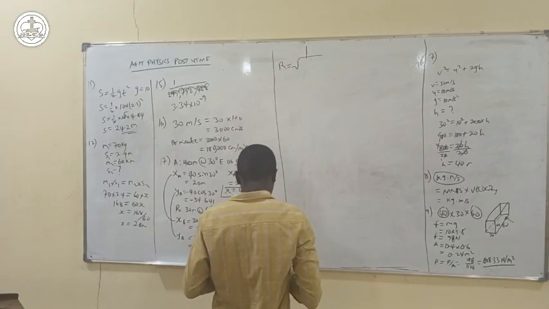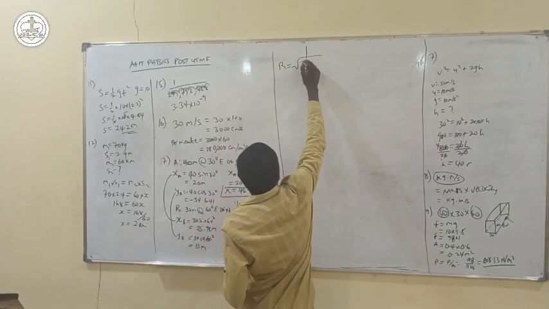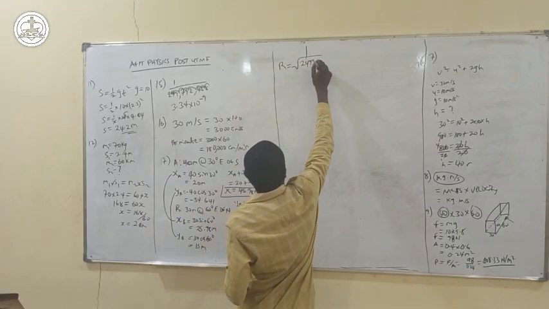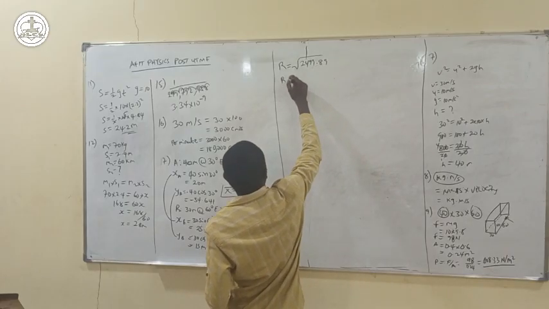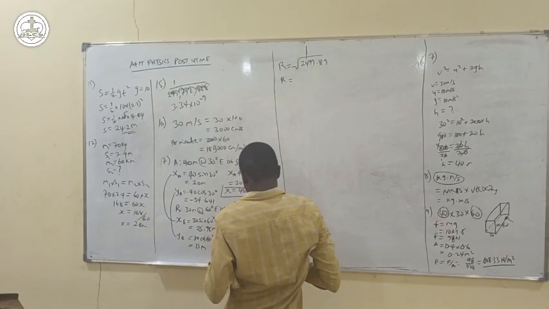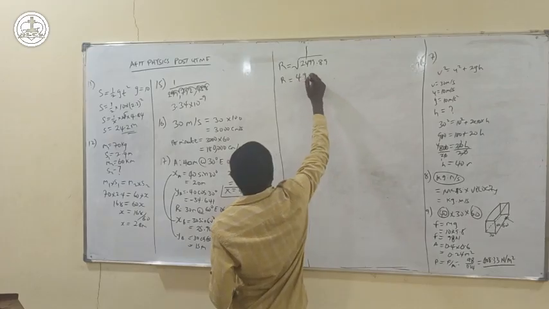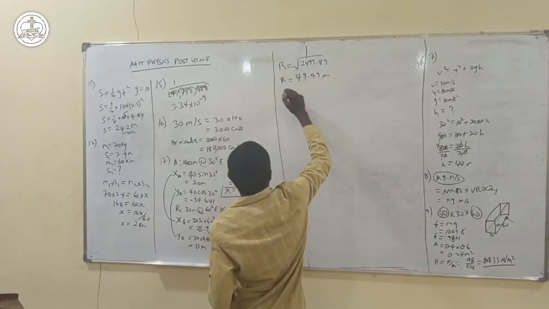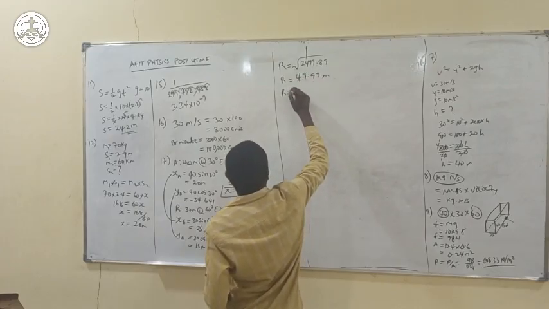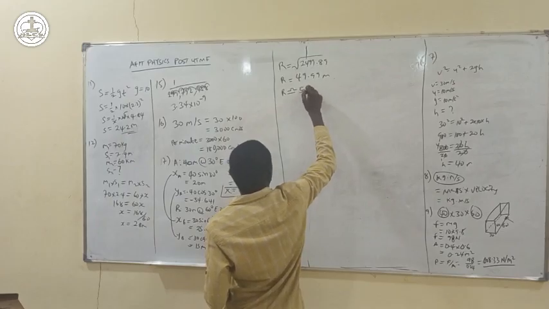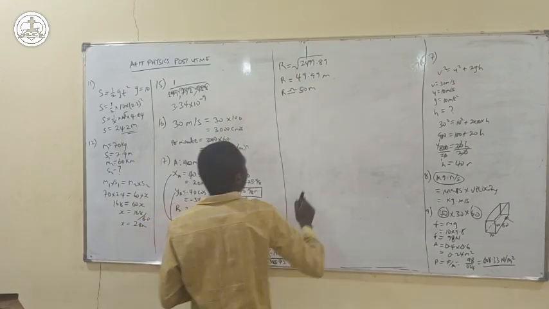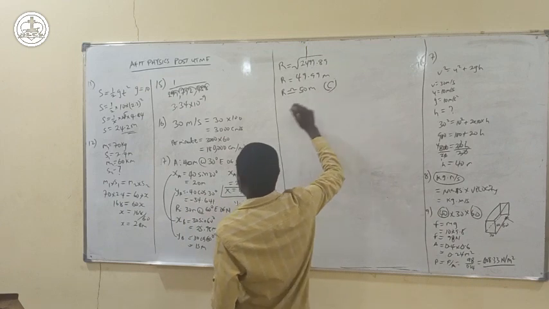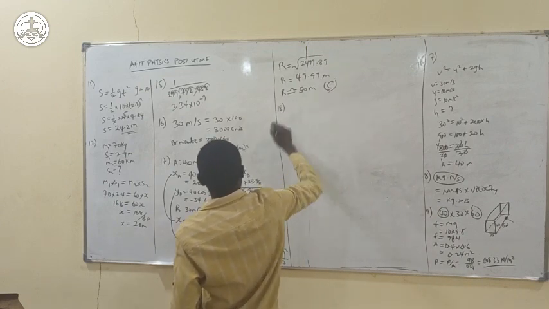So it's going to be the square root of 2499.89, and R is equal to 49.99 meters, and approximately equal to 50 meters. So if 50 meters is there, the answer is 50 meters. Option C.